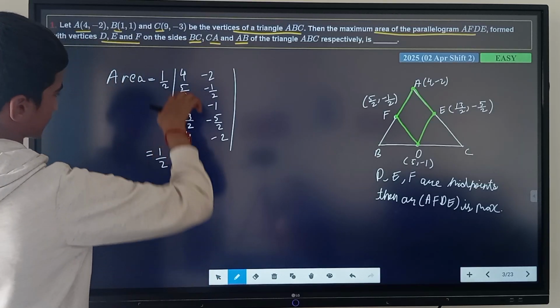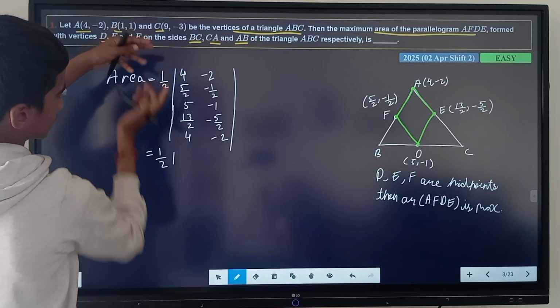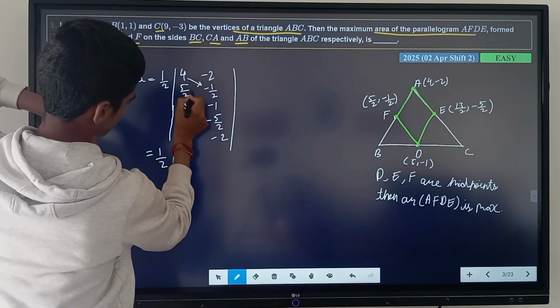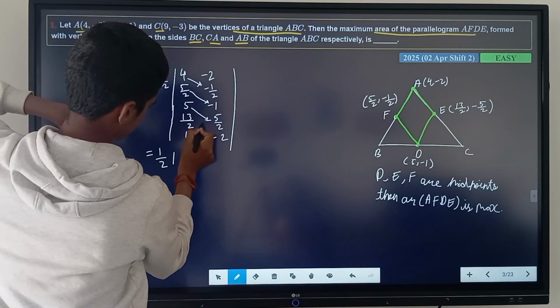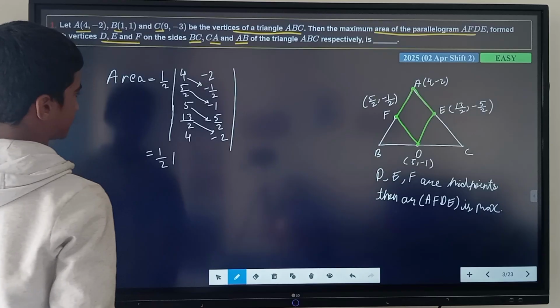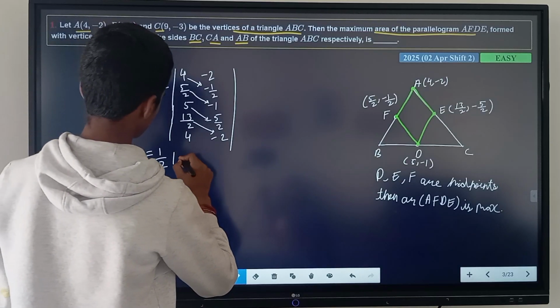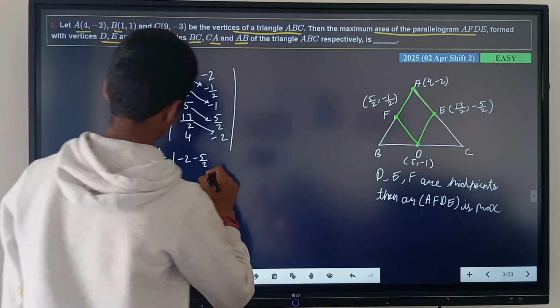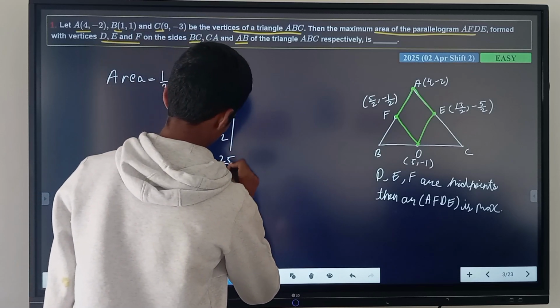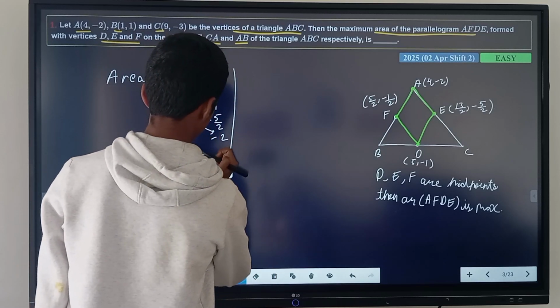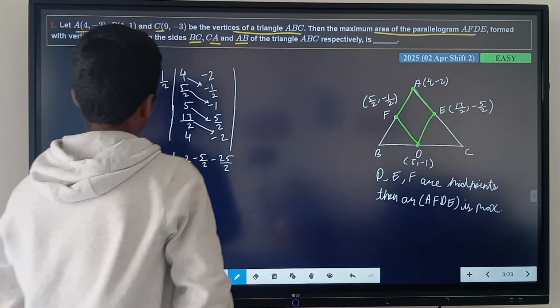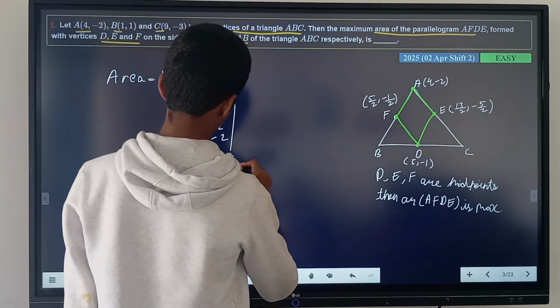First let's take the right hand side part like this. Then we will get minus 2 minus 5 upon 2 minus 25 upon 2 minus 26 upon 2.